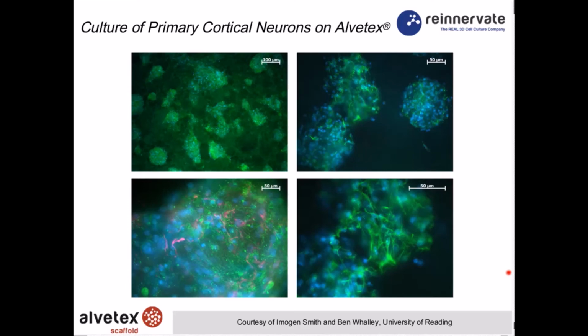The Alvetex was prepared by, first of all, incubating the scaffold with FBS at 37 degrees for 2 to 3 hours, and then seeding the cells directly onto the material. You can see just from above very clearly the cells, the DAPI, and also the staining here for the neurites. You can see that very nicely.